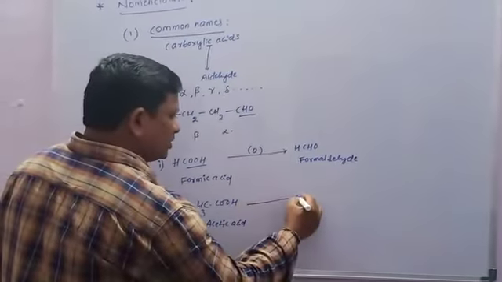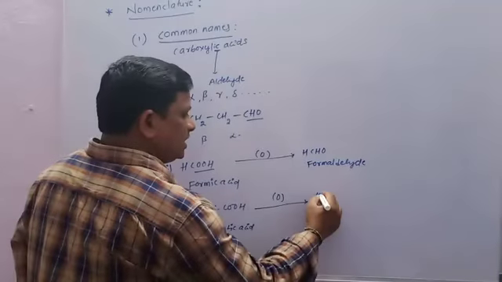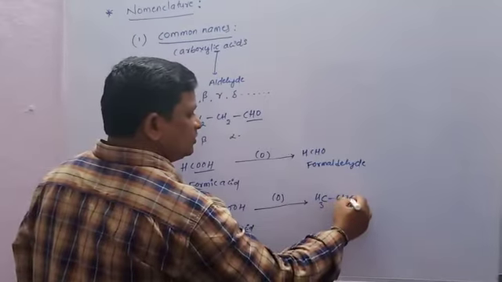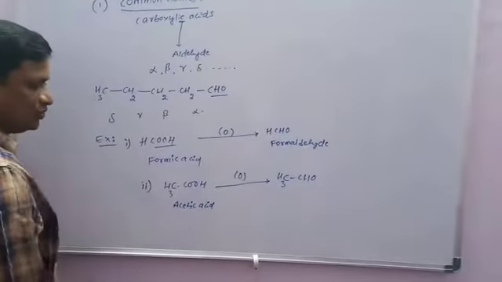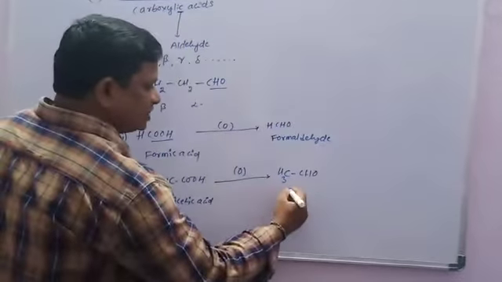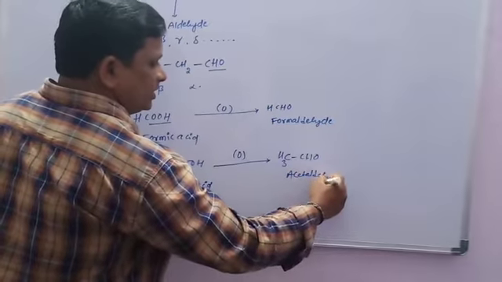Oxidation of this compound gives CH3CHO. The COOH group is substituted by CHO, so it is acetaldehyde.